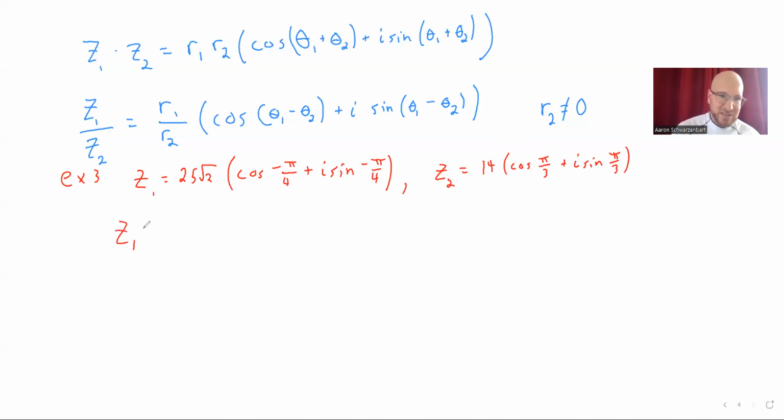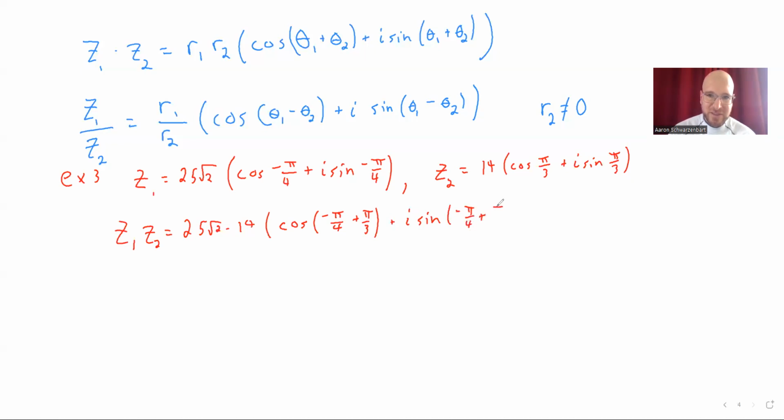So Z1 Z2. When I multiply these two numbers together, I get 25 root 2 times 14. Remember, I'm going to add my angles. Negative pi over 4 plus pi over 3 plus i sine negative pi over 4 plus pi over 3.